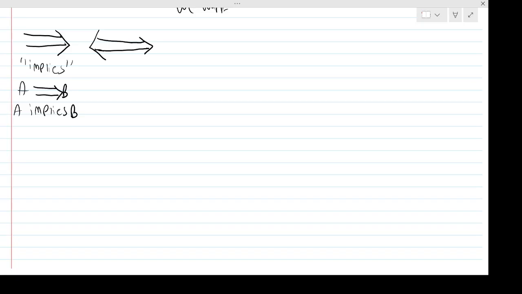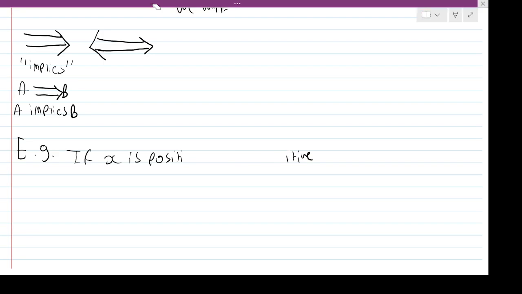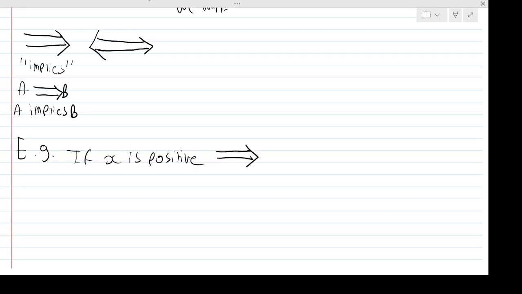Okay? So as an example, if x is positive, x squared is also positive, right? And so actually using the arrow, we would say if x is positive, that implies, which is what this arrow means, x squared is positive.